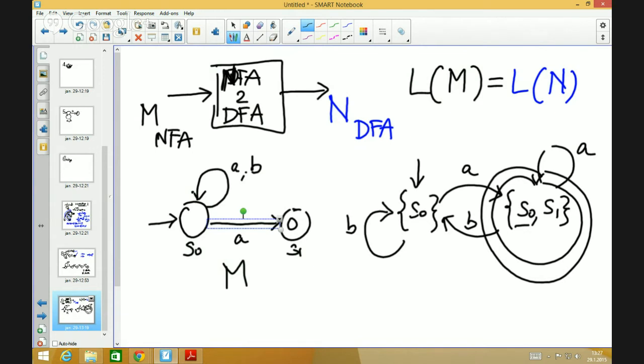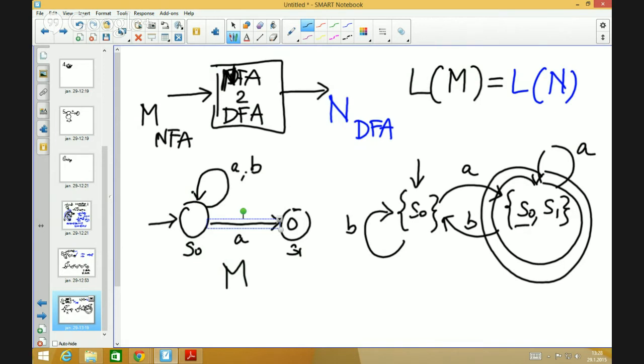In general, any set of states that contains some accept state should be an accept state of the DFA that you spit out. Why? Because we accept an input string if there is a way of processing it right, which means that having read the whole input string, we land in some accept state.